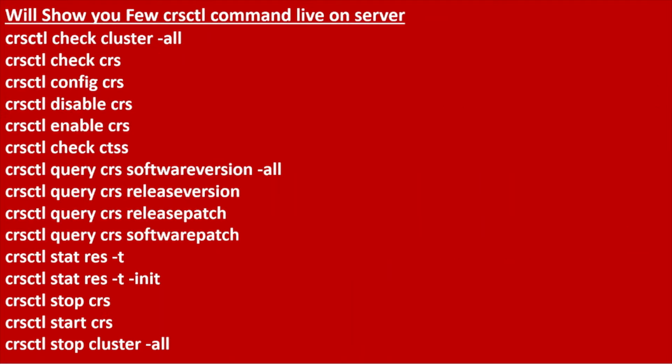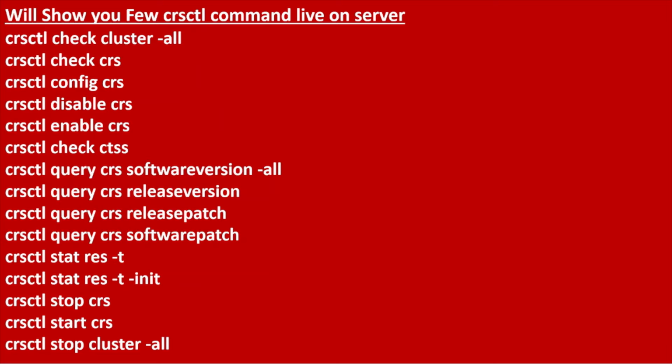And I am going to show you a few CRSCTL commands live on the server. CRSCTL check cluster -all, CRSCTL check CRS, CRSCTL config CRS, CRSCTL disable CRS, CRSCTL enable CRS, CRSCTL check CTSS, CRSCTL query CRS softwareversion -all. There are more than 100 CRSCTL commands, so I am going to show you a few of them.